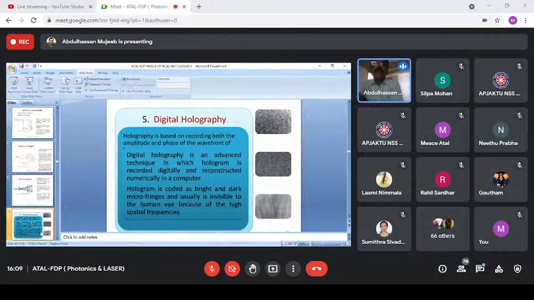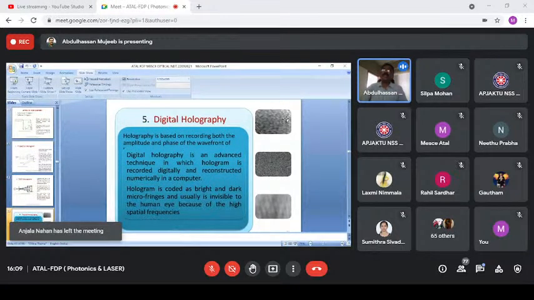Digital holography is an advanced technique in which the hologram is recorded digitally and reconstructed numerically in a computer. The hologram is coded as bright and dark micro fringes. These are called micro fringes, from which we can reconstruct the image.